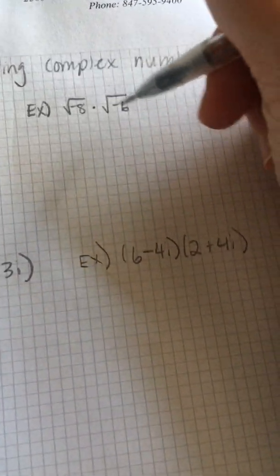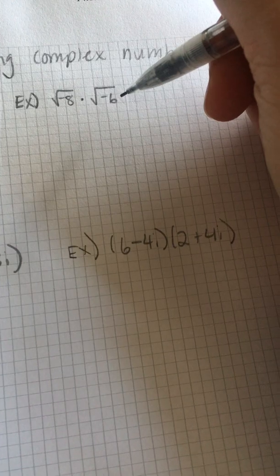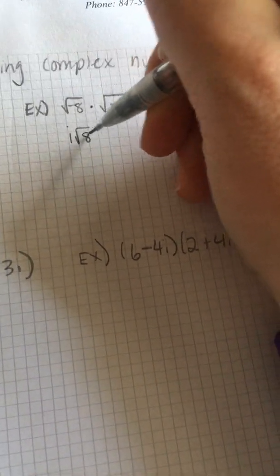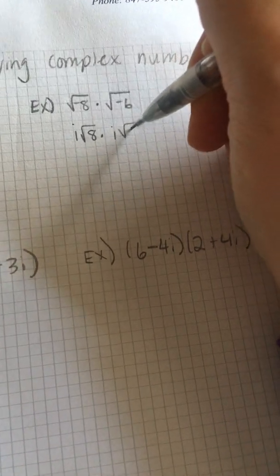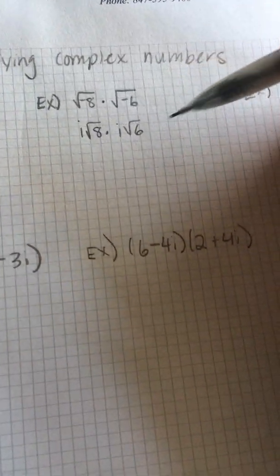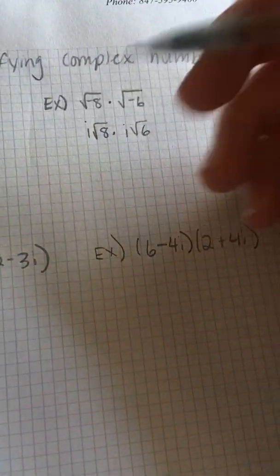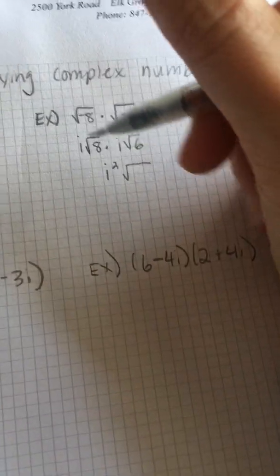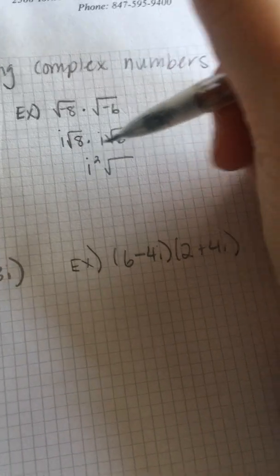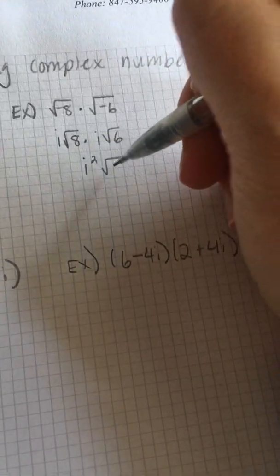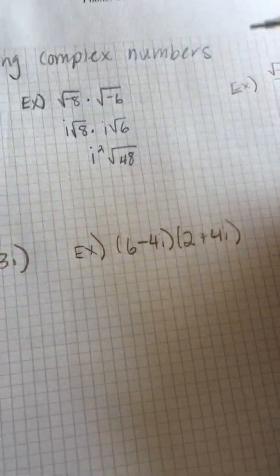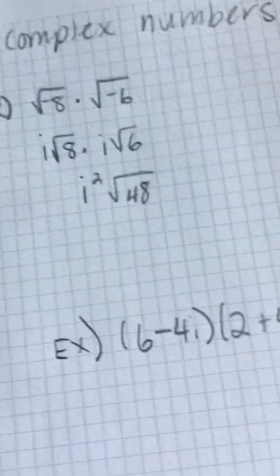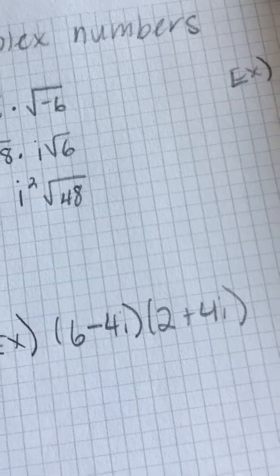You can't multiply both of these together to say positive. You have to first say i root 8 times i root 6. Now you can multiply the 8 and the 6 together and the i's together. So I'm getting i squared, since i times i is i squared, and root 8 times root 6 is root 48. 16 is the biggest perfect square that goes into 48.